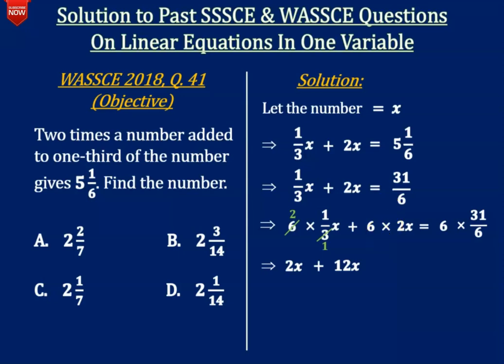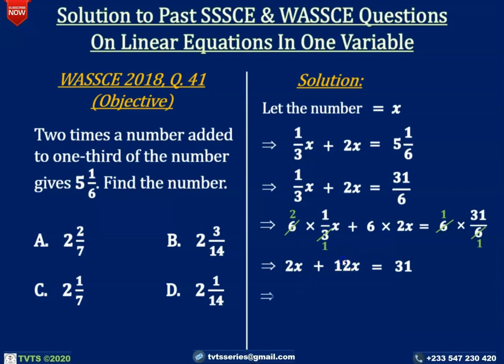On the right-hand side, 6 gets rid of 6, and 1 times 31 is 31. Grouping like terms, we have 2x plus 12x to be 14x.